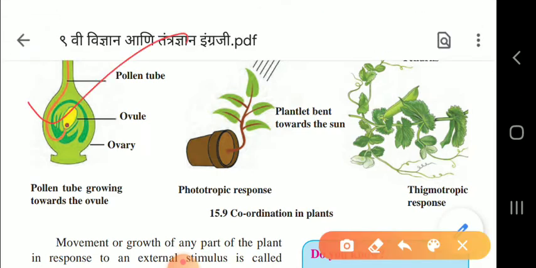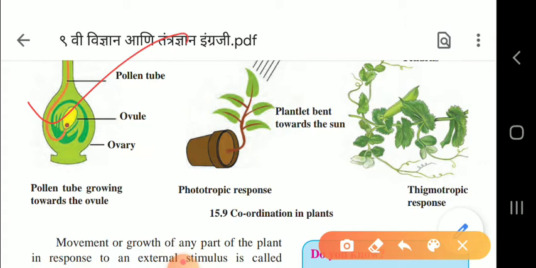In this figure, which type of movement is this? It is chemotropic movement, because the movement here is in response to a specific chemical. Now, the growth of the pollen tube, you have already seen here, children.